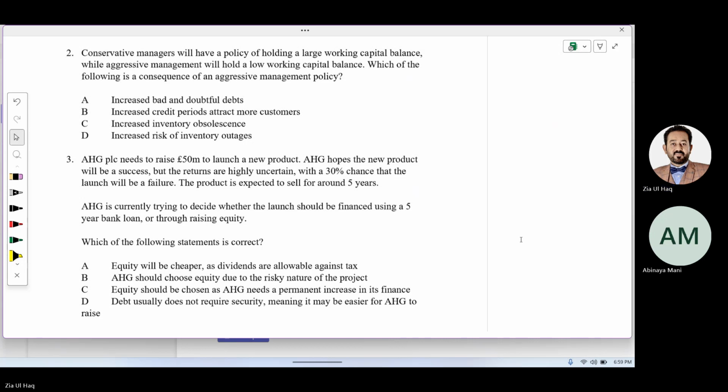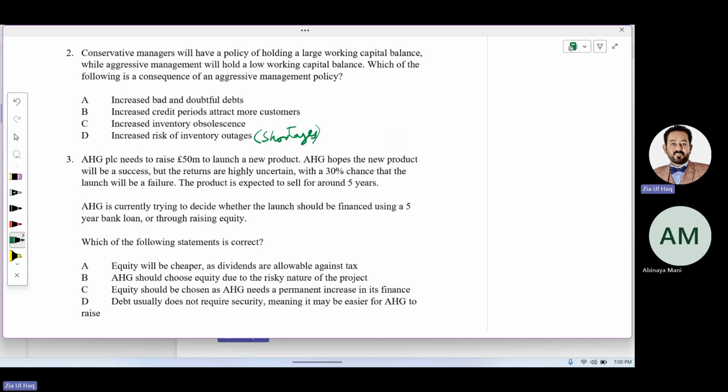By not keeping money in inventory, there is no chance of inventory obsolescence losses. Increased risk of inventory outages. Outages mean shortages. Yes, because if they are not putting money in inventory, there are chances of inventory shortage. A customer makes a big order, but you don't have inventory.